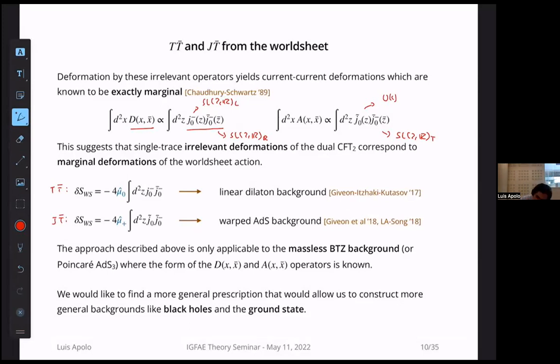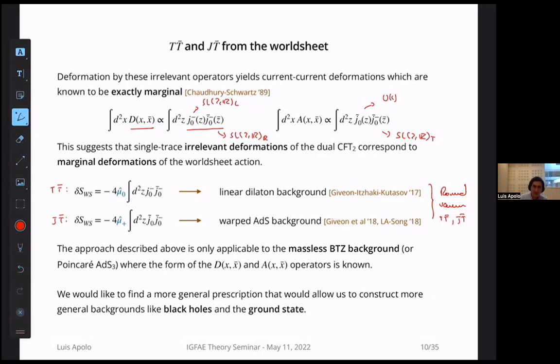Now, both of these backgrounds have been conjectured to be dual to the Ramond vacuum in single-trace TT-bar and JT-bar, respectively. So again, we can think of this as a toy model of holography, where you start with a duality that you know, and you deform it on both sides, and you get both a deformed CFT on one side and a deformed bulk spacetime on the other side.